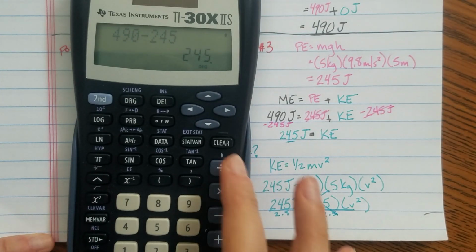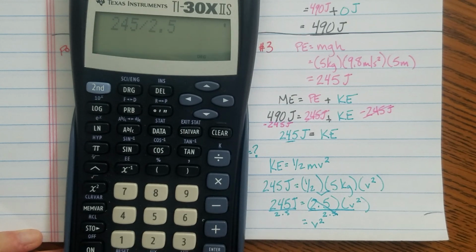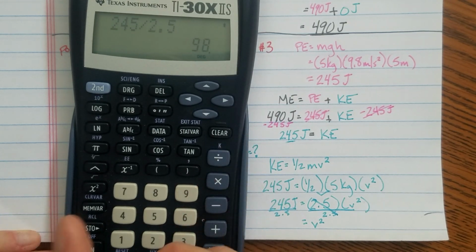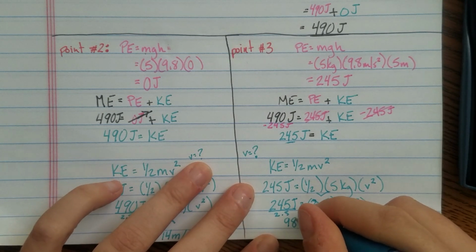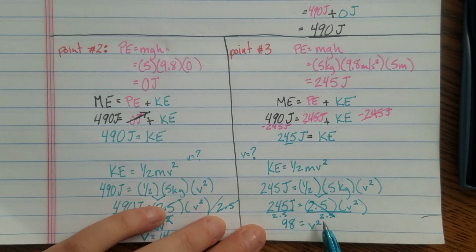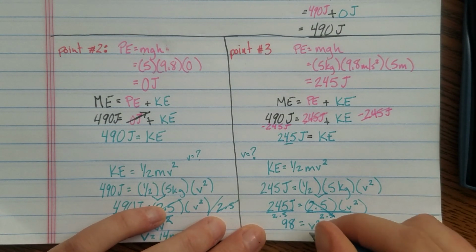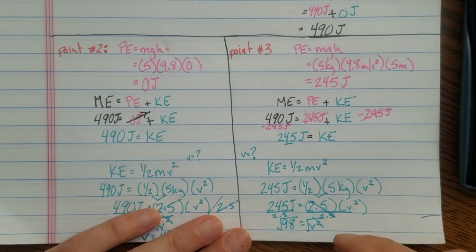Here on the left, 245 divided by 2.5 is 98. So on this side now we have 98. All right, last step. I've got to get rid of the square. So we will square root each side.